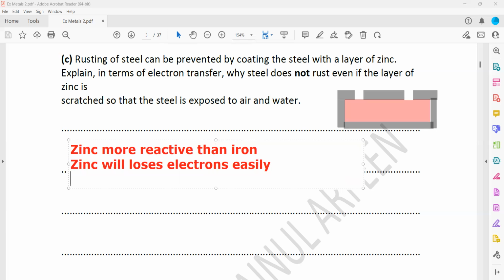And as a result, what will happen? Electron transfer, because electrons always transfer from the more reactive surface to the less reactive surface. So electrons transfer from the zinc surface to iron, or you can also say to oxygen or to water, because it's reacting.